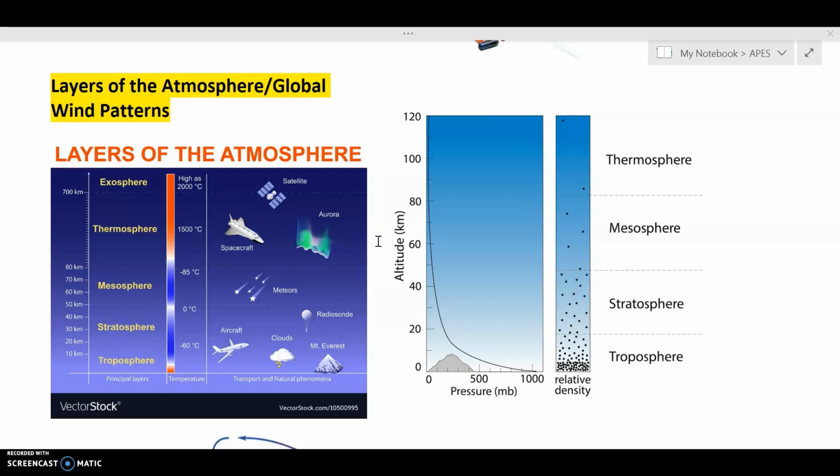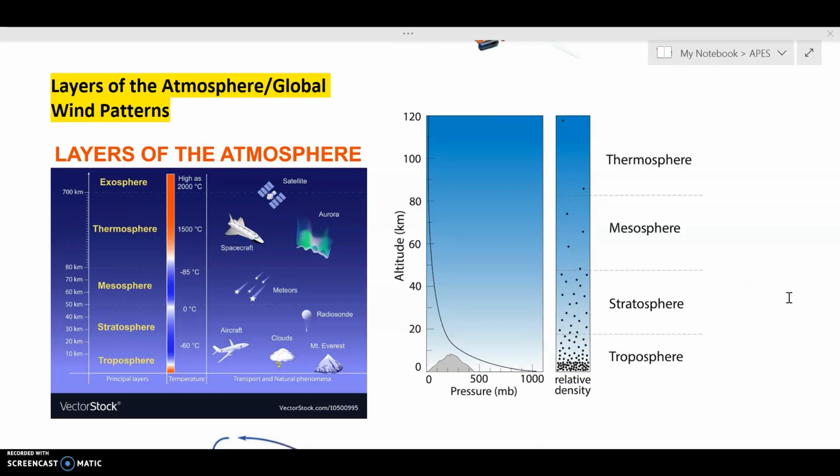Another thing you want to know is that the density of each layer varies. That is to say that the density decreases the higher up you go away from the Earth. If you think about it, just like how the temperature at sea level is different from the temperature on Mount Everest, the air is really thin up at Mount Everest, while the air is not as thin at sea level.